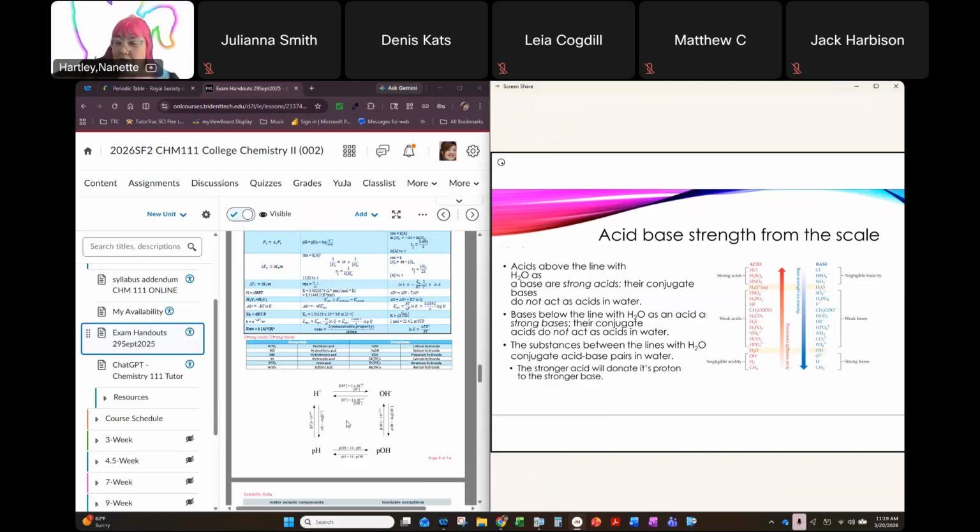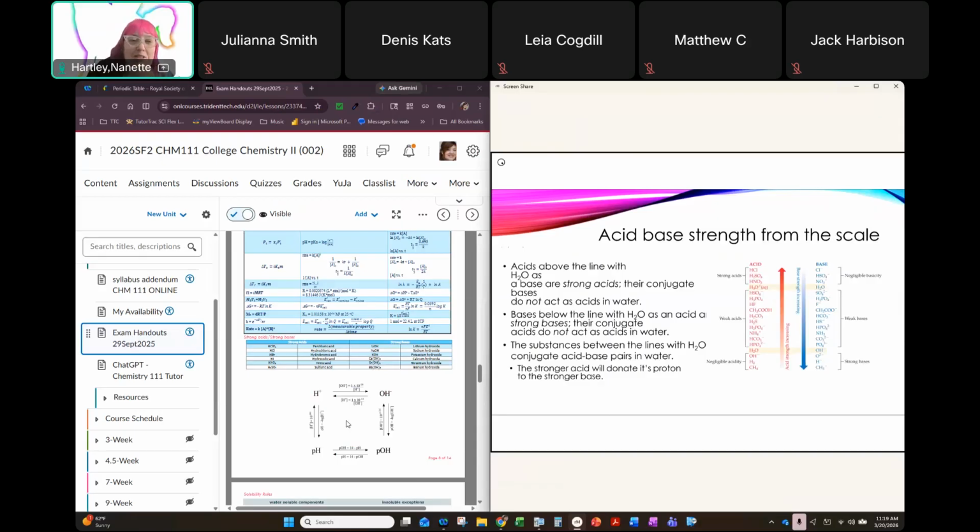Okay. One of the things that they love to ask is, based on this scale, what's the strongest acid? Based on this scale, what's the weakest acid? That kind of thing. I mention this because I know that there's one of these on the final. I personally think these are stupid, but that's just my opinion.